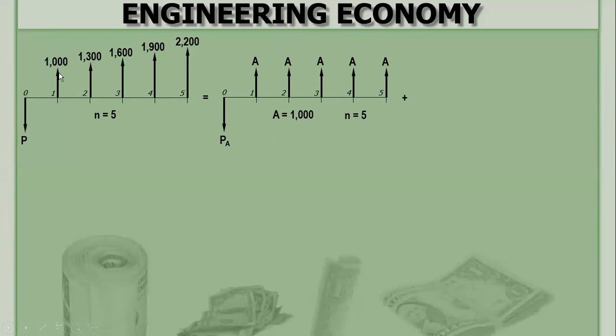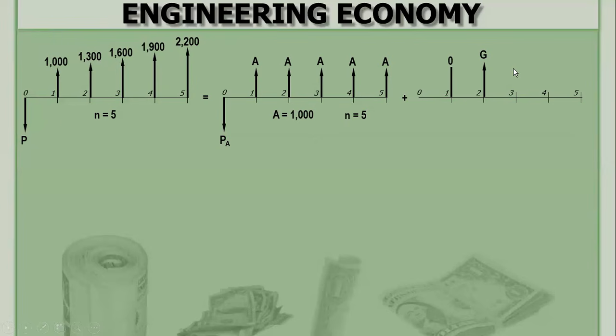The other component is the difference, like 1,000 minus 1,000. So for the first year, 0, and then for the second year, 1,300 minus 1,000 is 300. Or simply, we denote 300 as our gradient G. So for the first year, 0, 1,000 minus 1,000. The second year, we have G, positive, from 1,000 to 1,300.